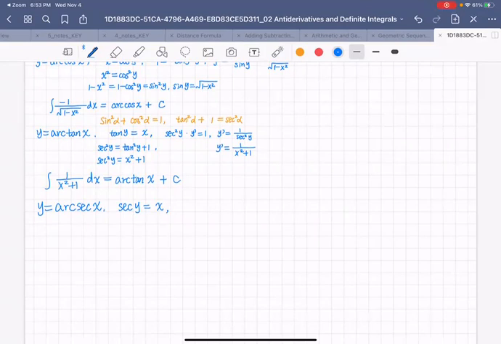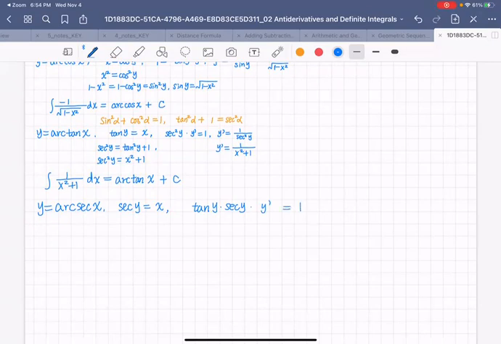Now let's do the derivative for both sides. Secant y times tan y times y prime equals 1.